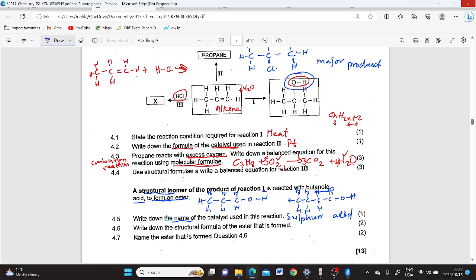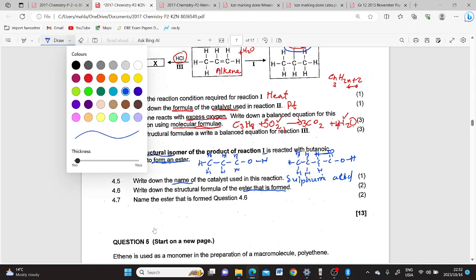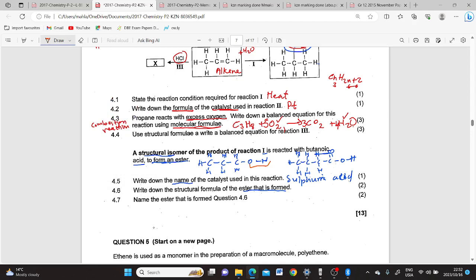Number 2, they are saying write down the structural formula of the ester formed. Now they want the structure. Now we're going to take this oxygen here and this other oxygen here.